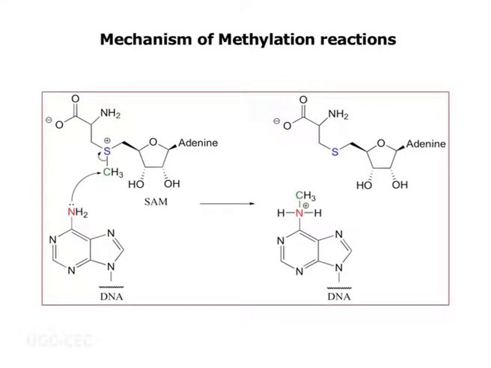Now, with further development, it has been found that the methyltransferase reaction, as the name suggests, must involve a transfer of a methyl group. The transfer of a methyl group takes place from S-adenosyl methionine, abbreviated as SAM, and it is given to the substrate.